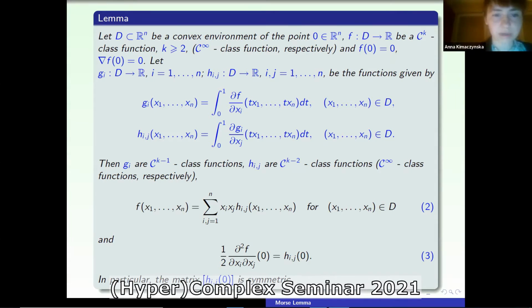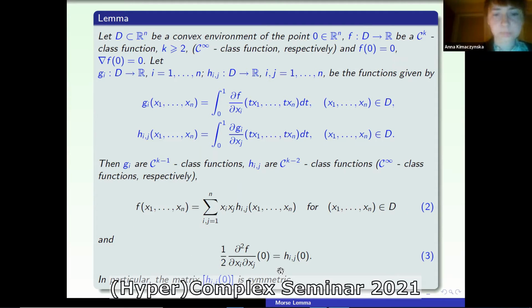Then G_i are C^(k-1) class functions, H_ij are C^(k-1) class functions, C infinity class functions respectively. And f of x is equal the sum from 1 to n of x_i x_j h_ij of x for x that belongs to D.